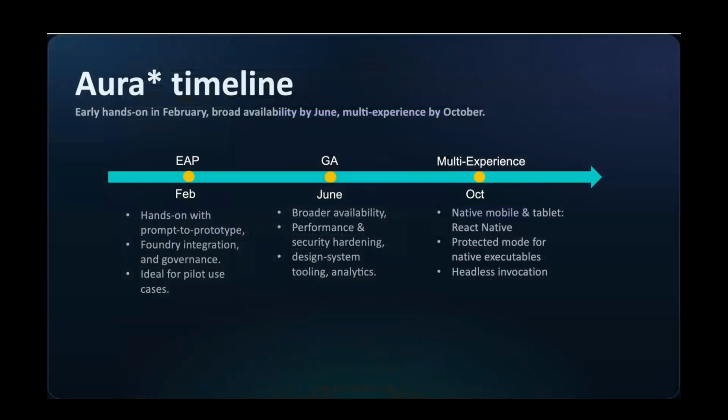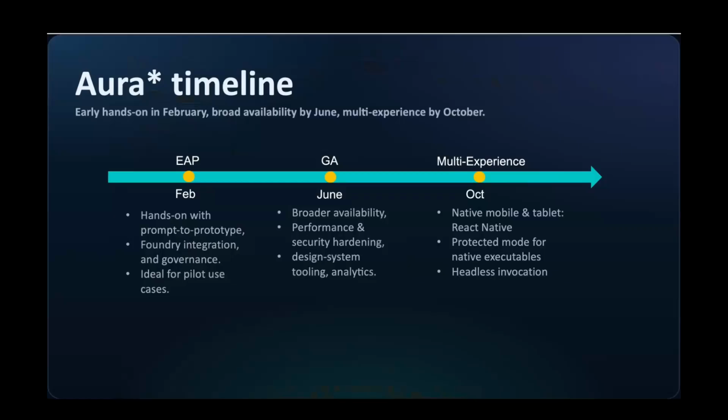So as I mentioned, we will go into early access with Aura in February, for limited audience. The tool itself will GA in June with broader availability, and it will have a full multi-experience. It will go GA with web only, so web applications can be built.